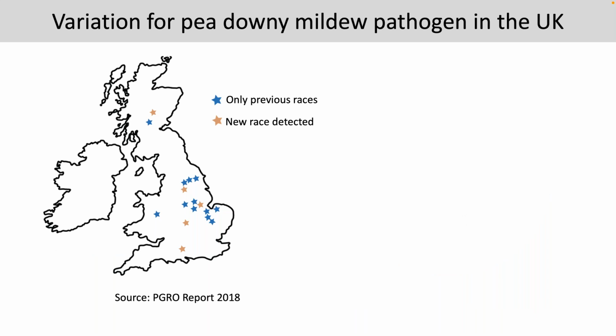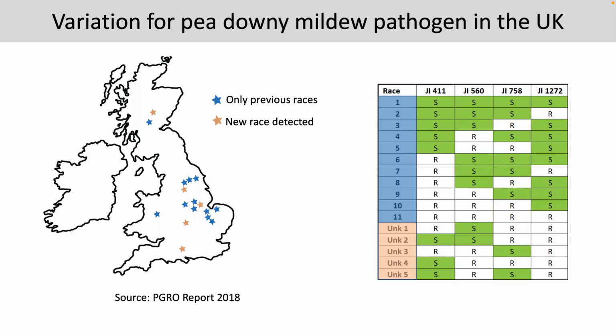When I started with the historical data in RenSeq, I was interested to know what the diversity of this pathogen is. There is a report that was prepared by PGRO in 2018. PGRO is the Processors and Growers Research Organisation in the UK. They surveyed pea downy mildew races within the UK, and based on their report, at least 15 different races were identified. 5 of these were new races, indicated with UNK12, unique 125, or unknowns, while the other 10 races had already been found in the 1980s.